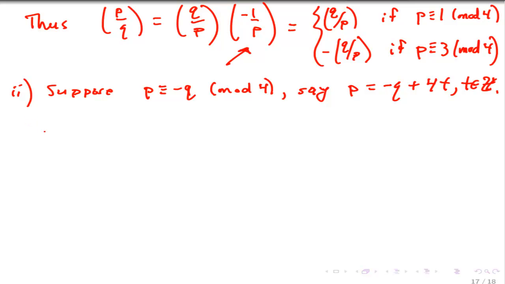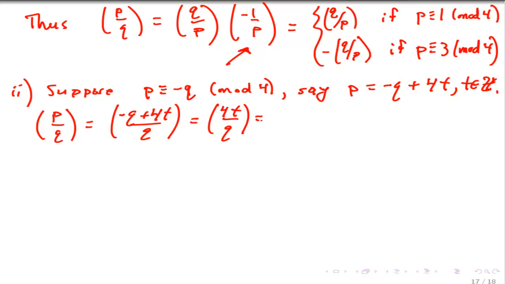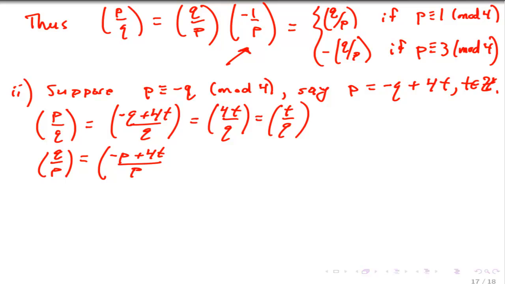Then P over Q would equal (minus Q plus 4T) over Q, which is 4T over Q, and we get T over Q. While Q over P, so Q, solving for Q in this equation, is minus P plus 4T over P, and that's just 4T over P, which is T over P.